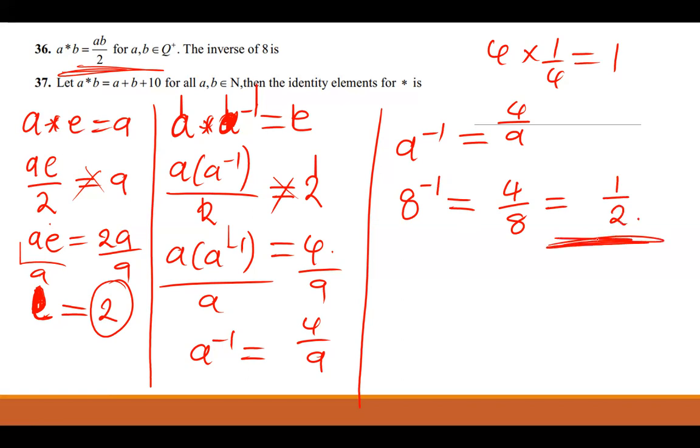This is not the exact multiplicative inverse of 8, no. This is the inverse according to this operation here. So this is the inverse of 8 according to that operation. Let's quickly move on to question 37.